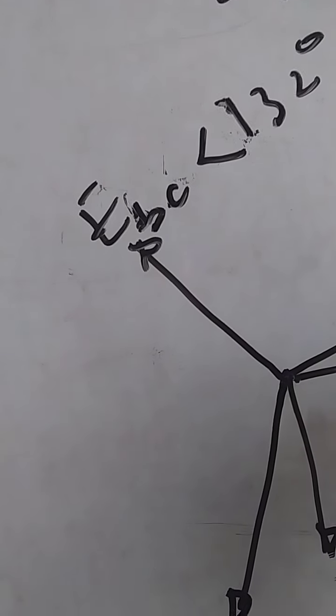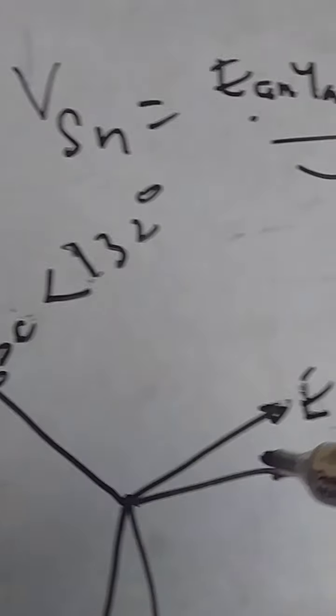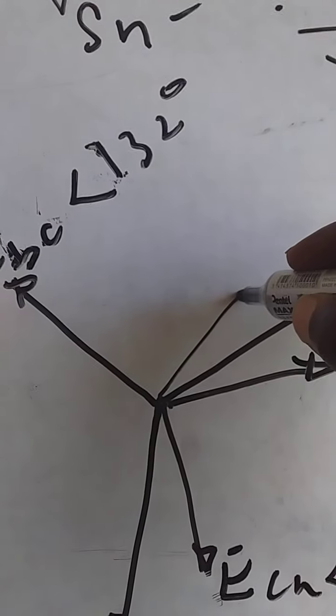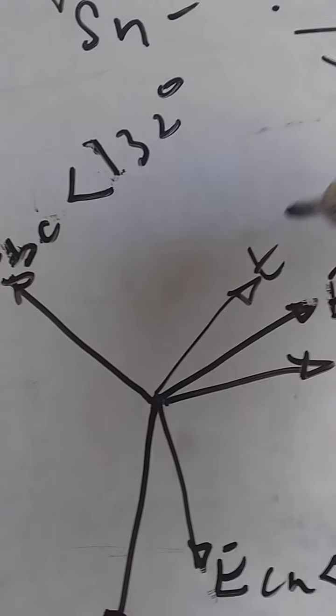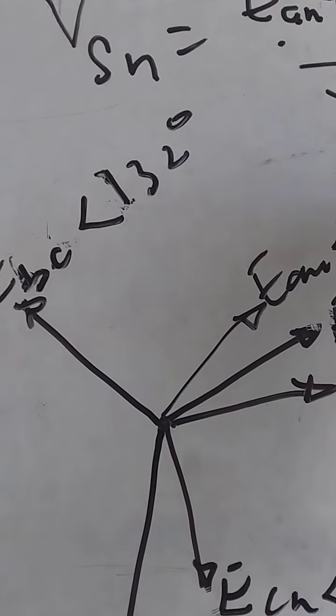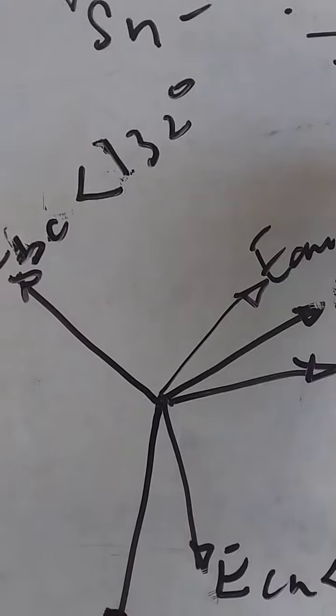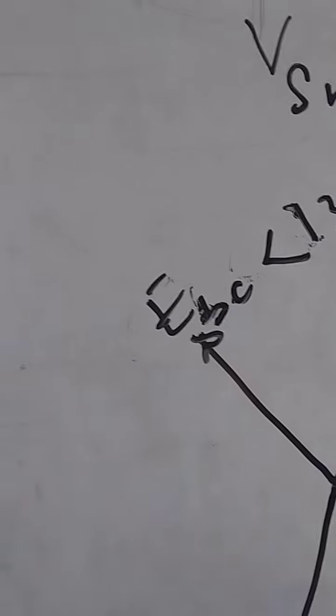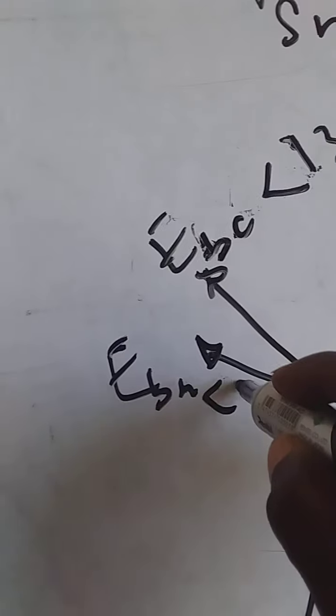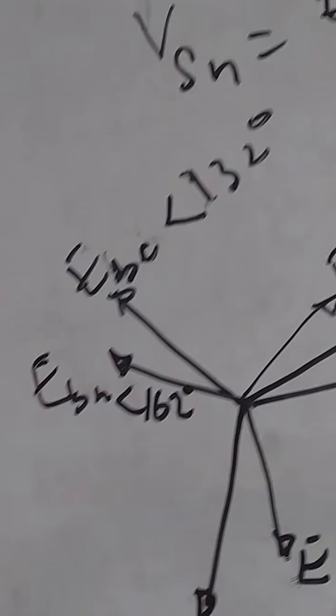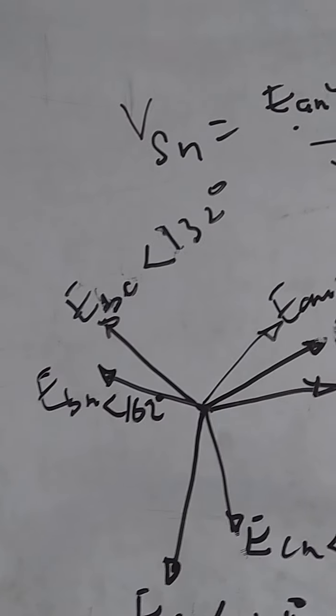Because it's a negative phase sequence, phase will always lead. So we are going to have our EAN at angle 42 degrees. Then we're going to have our EBN at angle 162 degrees. And that is what our phasor diagram would look like.